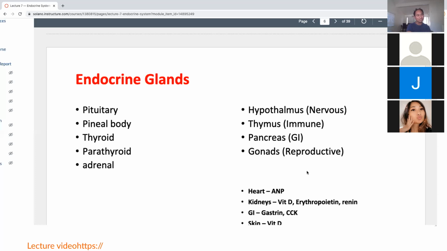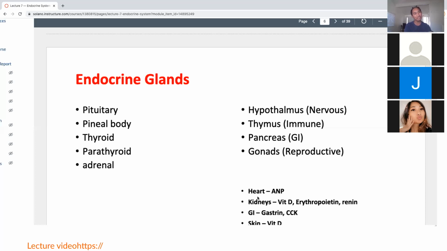And there are other structures in our body which have some endocrine tissue, like even the heart can produce atrial natriuretic peptide. When the heart is dilated and stretched, these hormones will come up. It is a good marker for heart failure.